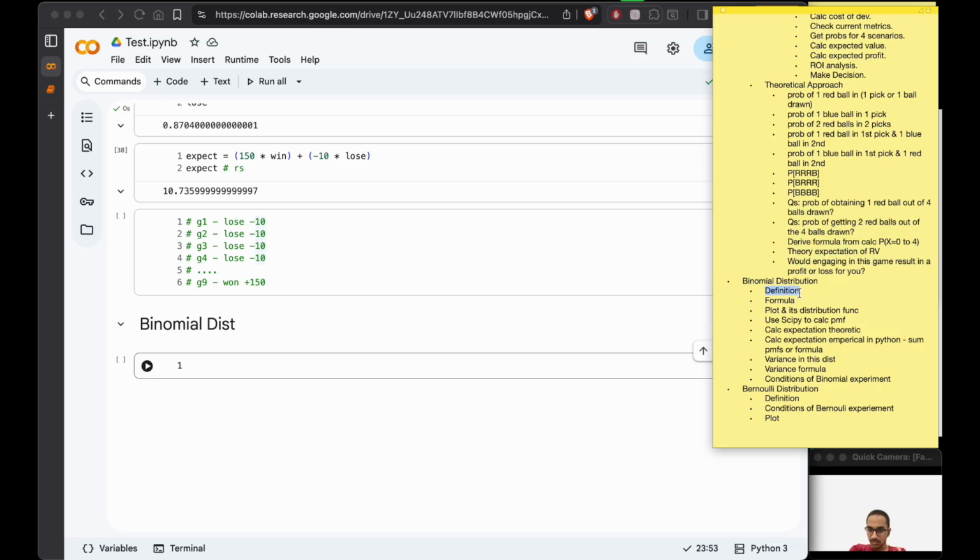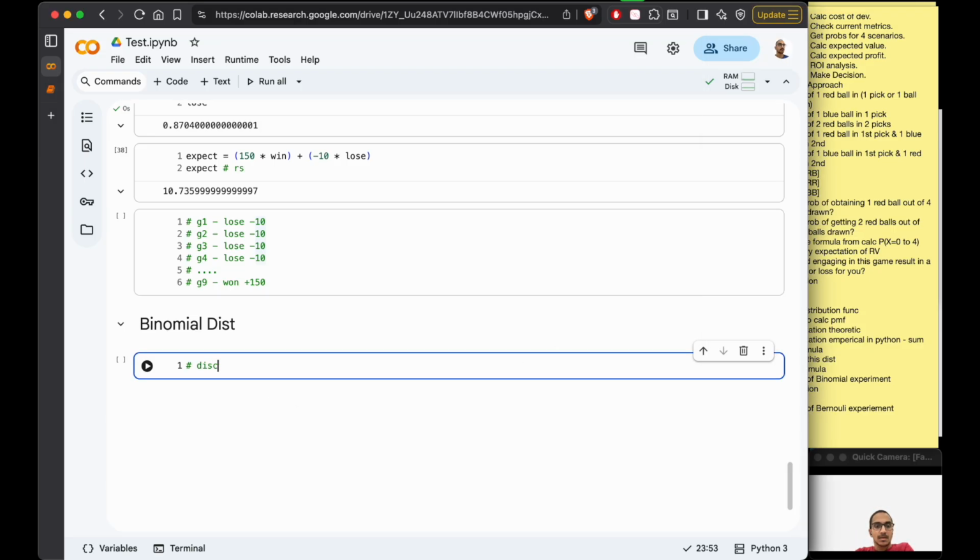The definition of binomial distribution is nothing but the discrete probability distribution of the number of successes in n independent trials.